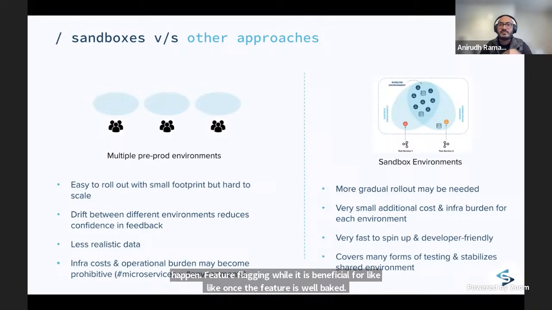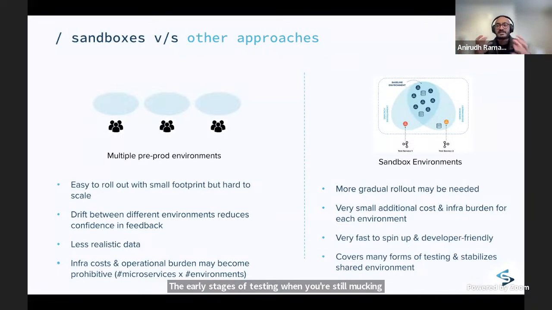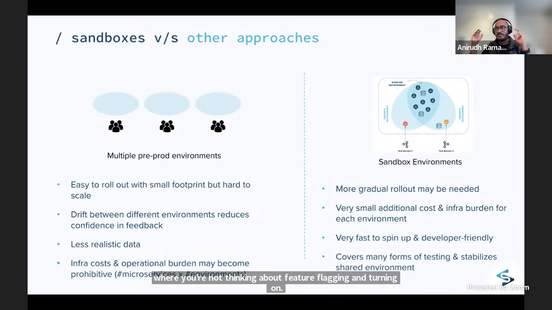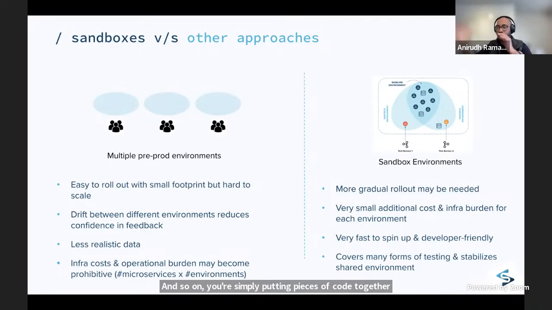In the early stages of testing, when you're still mucking around with code and trying to integrate with someone else's code, the desire for fast feedback might be helped by something like a sandbox, where you're not thinking about feature flagging and turning on behaviors. You're simply putting pieces of code together and trying to see the overall behavior long before it reaches production. So I think there's still a speed question there, but if that's not a concern, then I think automated testing would be the portion where sandboxes can help.